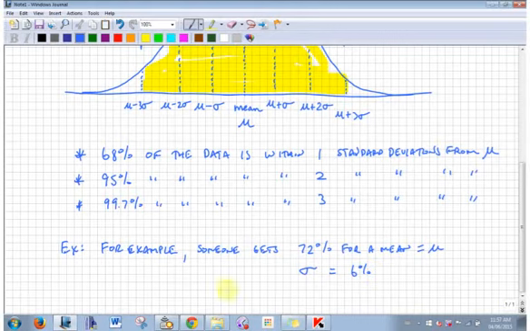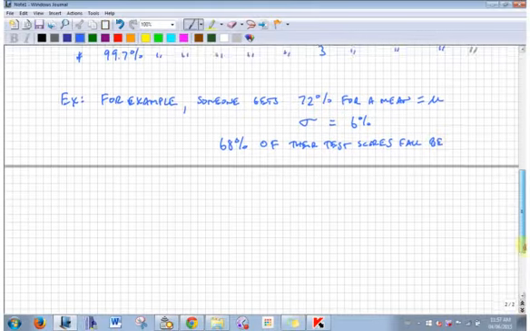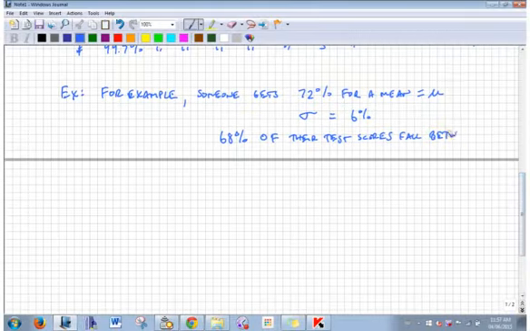So 68% of their test scores fall between what and what?